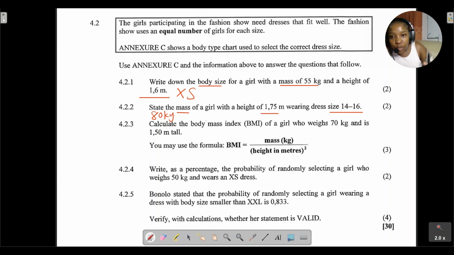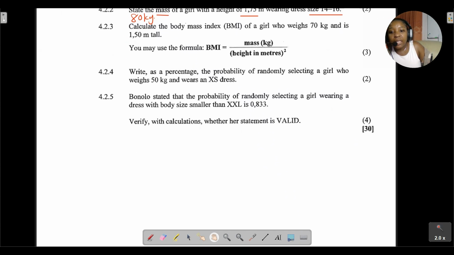Good. Question 4.2.3. Calculate the body mass index of a girl who weighs 70 kg and is 1.5 meters tall. Very easy here. We know how to calculate BMI, and they've given us the formula that you're supposed to use. BMI is equal to the mass of the girl, which is 70 kilograms, divided by the height of the girl in meters all squared.